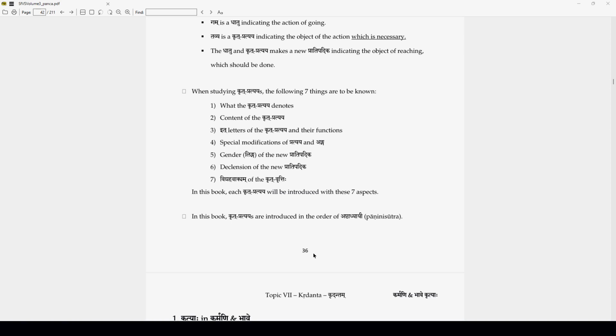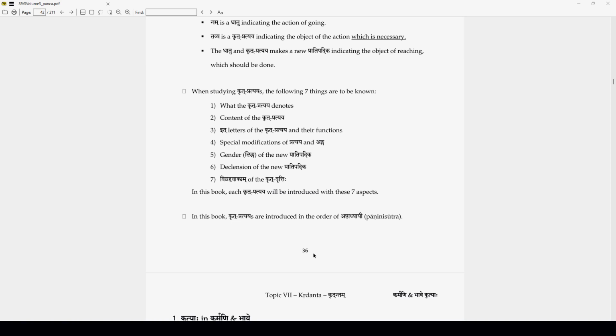The letters which are removed from the krit pratyaya are called it letters because they have the it samjna. Samjna means they are referred to as it letters. It is a symbol given to those letters in Ashtadhyayi.